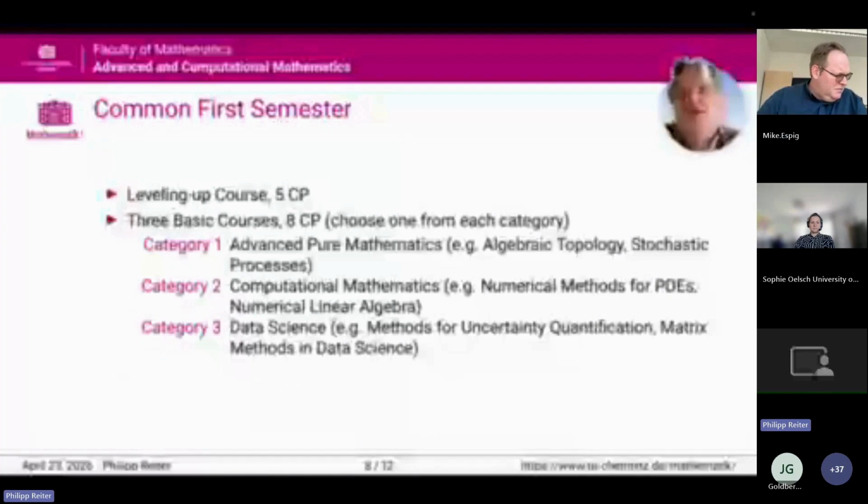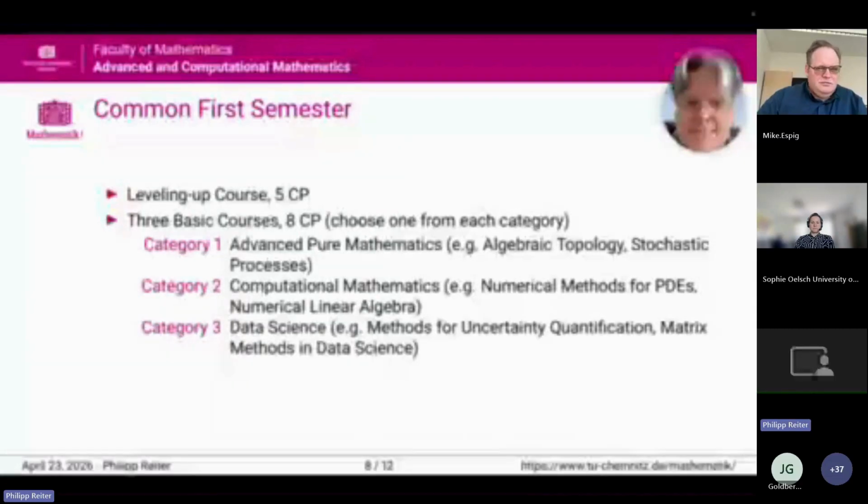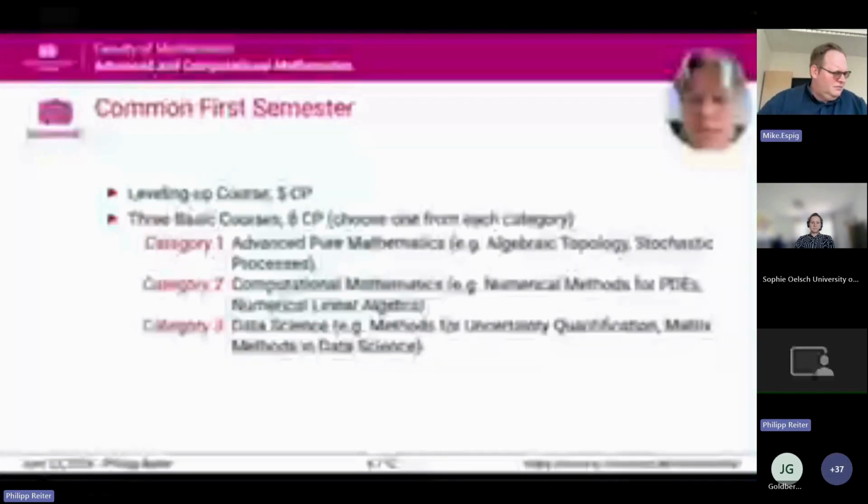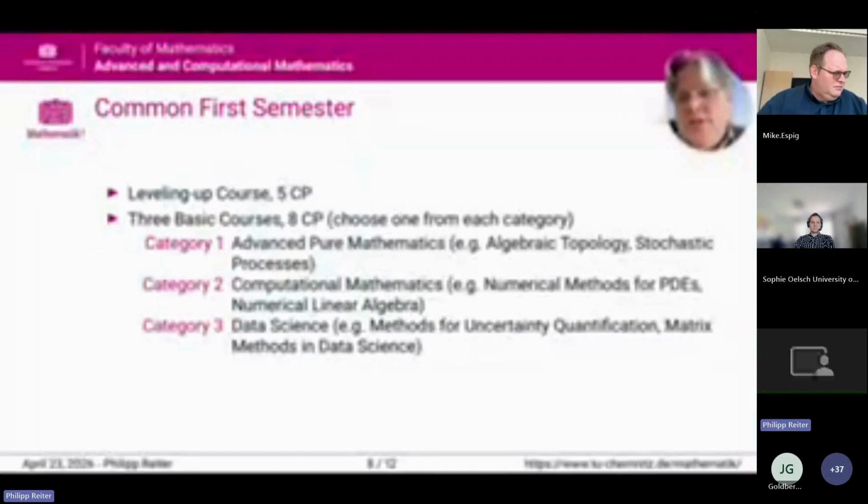The first semester contains a leveling up class, which is completely done online, and then you're supposed to attend 3 basic classes in all of these fields: advanced pure mathematics, computational mathematics, and data science.